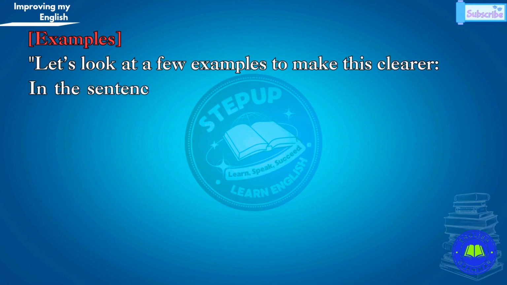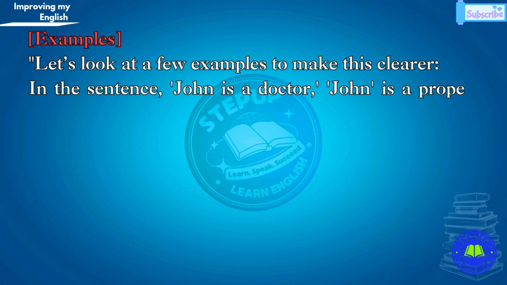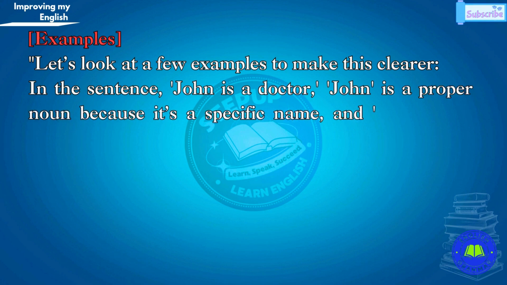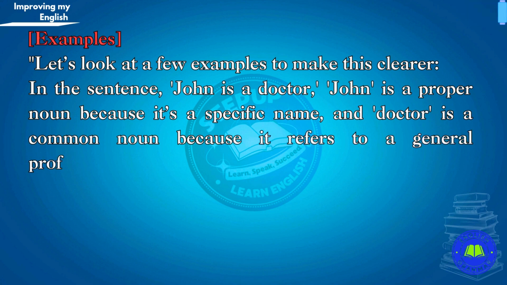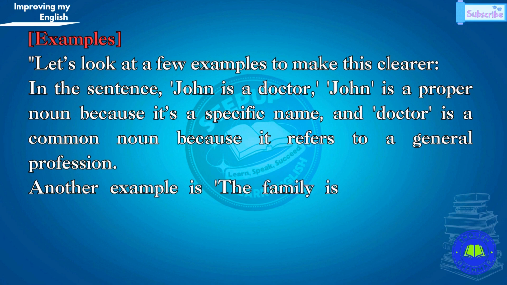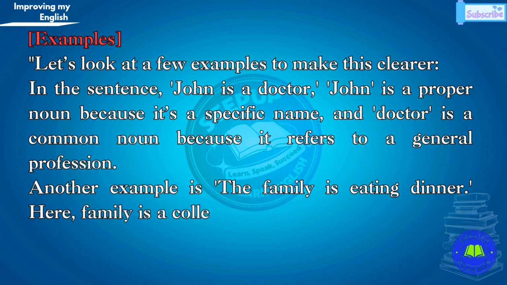In the sentence, John is a doctor, John is a proper noun because it's a specific name, and doctor is a common noun because it refers to a general profession. Another example is, the family is eating dinner. Here, family is a collective noun because it refers to a group.